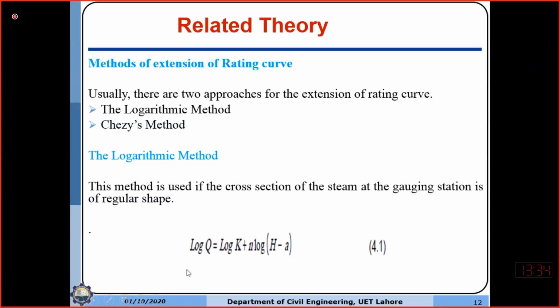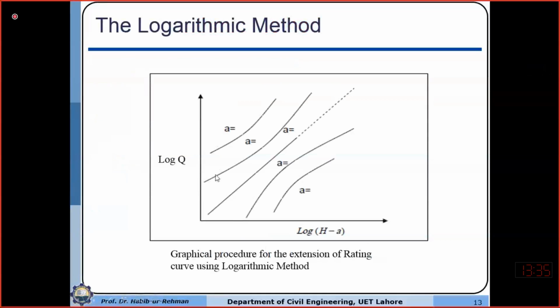This is the equation of a straight line, y is equal to mx plus c. So log Q is y in this case, log of K is the y-intercept of the straight line, n is the slope, and log of (h minus a) is x. So what you actually do is plot a graph between log of Q on the y-axis and log of (h minus a) on the x-axis.